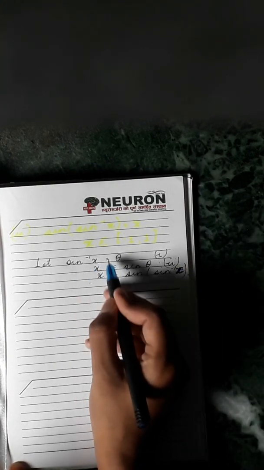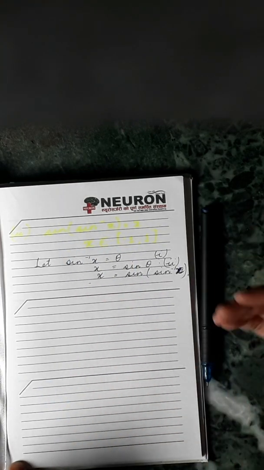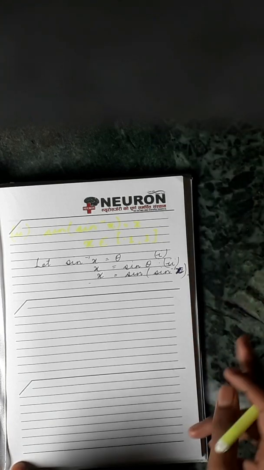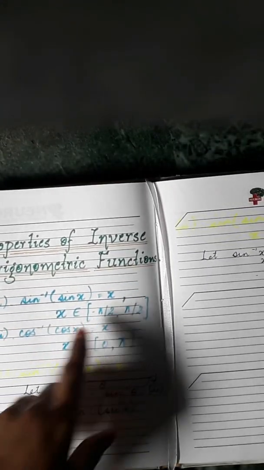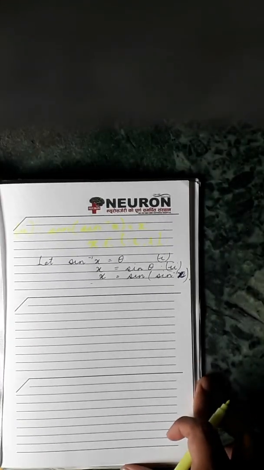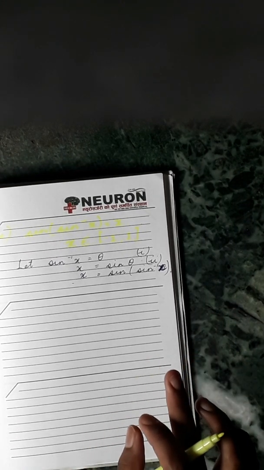Similarly, the other properties can also be proved. You have to keep in mind this range. Similarly, for the previous one, you have to keep in mind this range. The property is very easy to learn, but this range is a bit tricky.